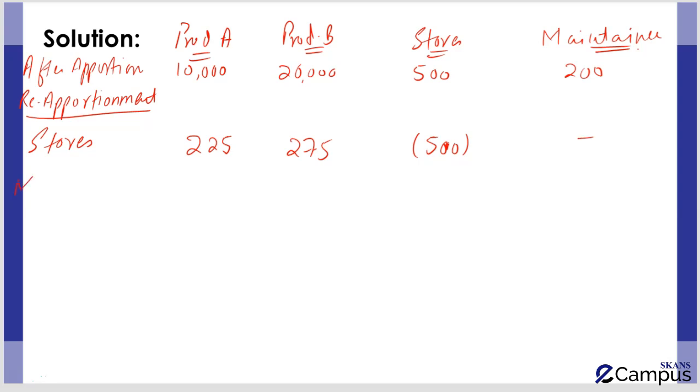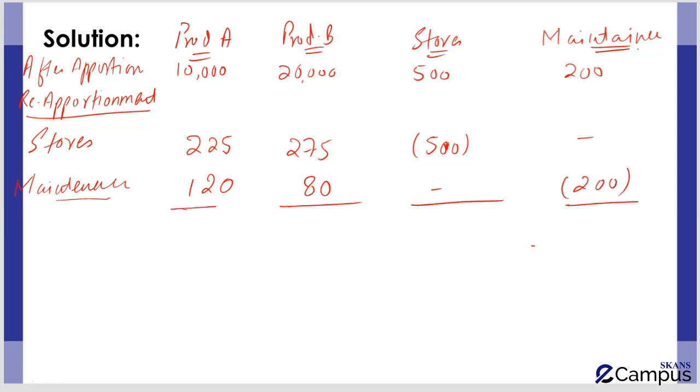And when we reapportion maintenance, we will charge 60% of 200 to department A, which is $120, and 40% to production center B, which is 80, nothing to stores. So we will subtract it from here.